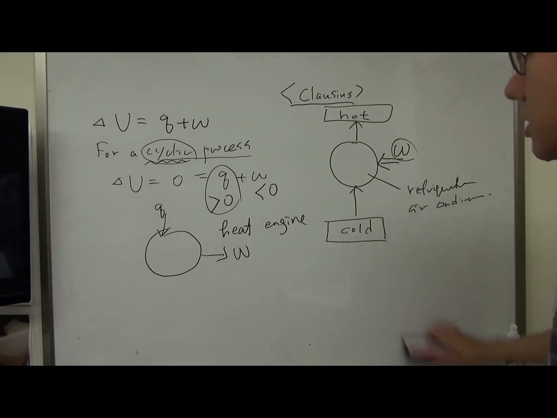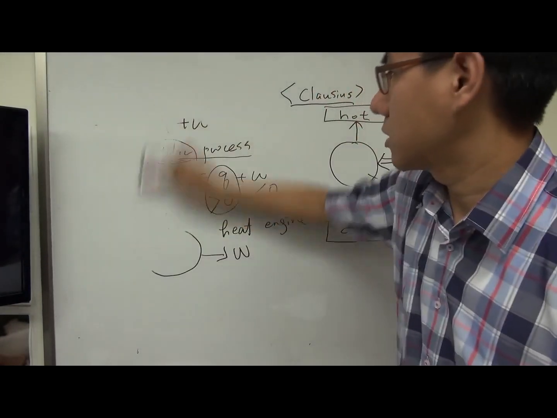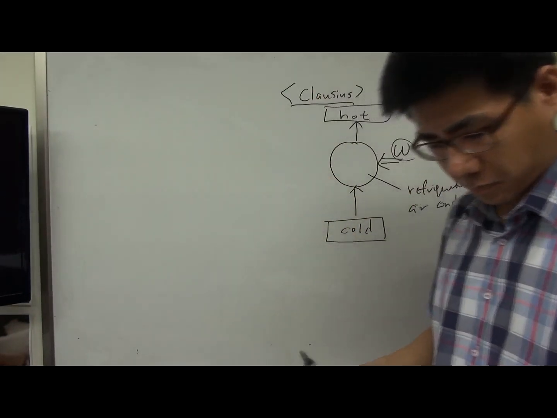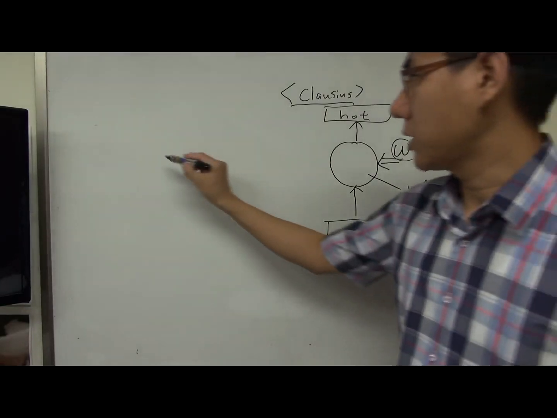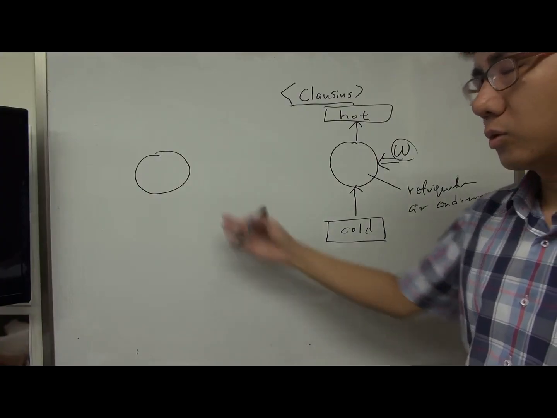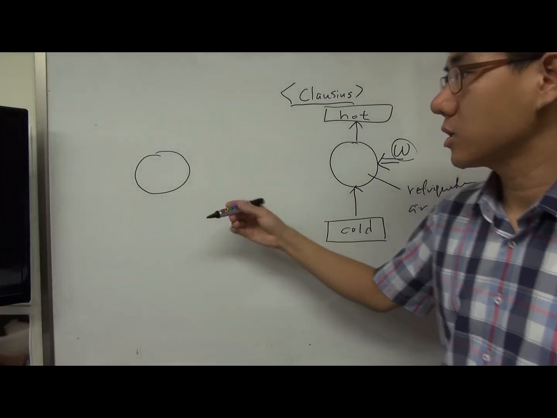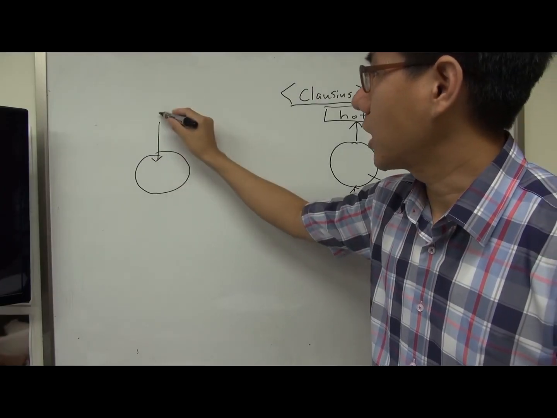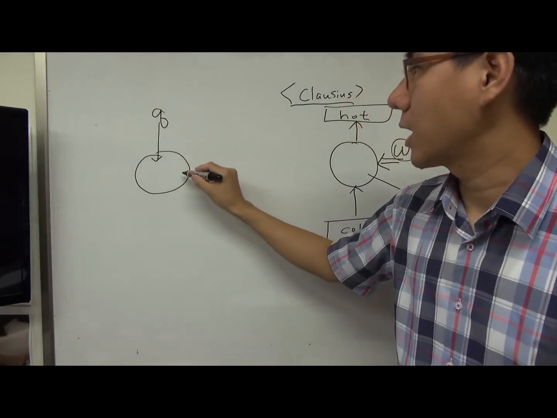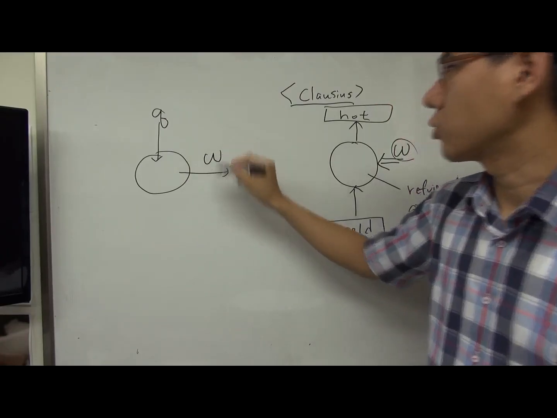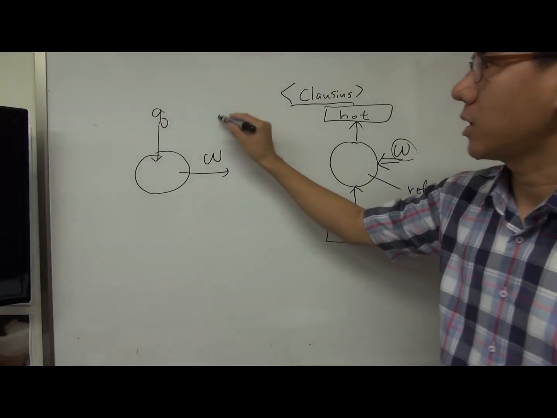What it means is that, similarly, we have a heat engine doing a cyclic process, but it is impossible to get some amount of heat and completely, 100%, convert it into work. This is not possible.